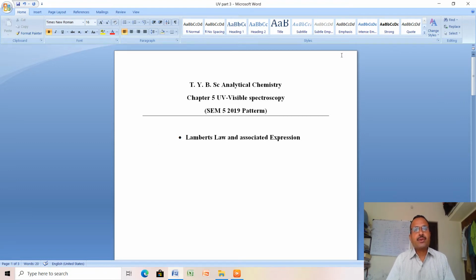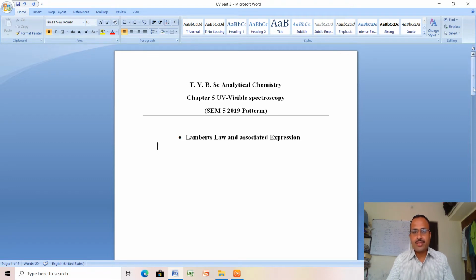Now there are two main laws in ultraviolet visible spectroscopy, Lambert's law and Beer's law. Both laws are important. Lambert's law deals with the study of thickness measurement of the system.